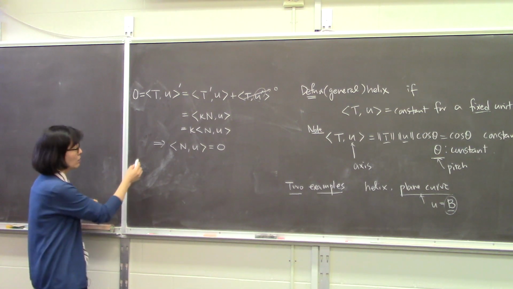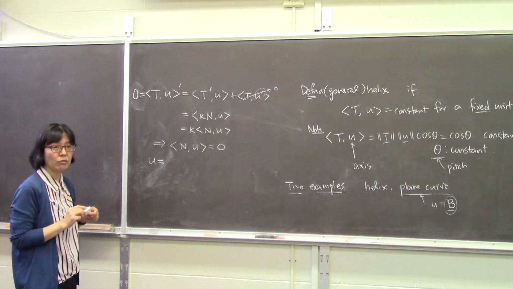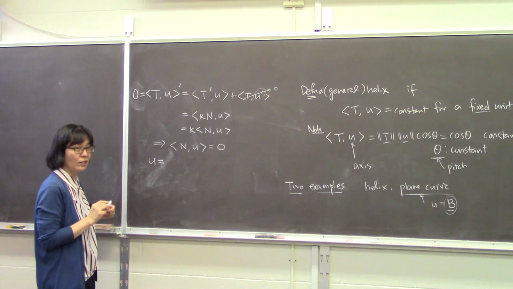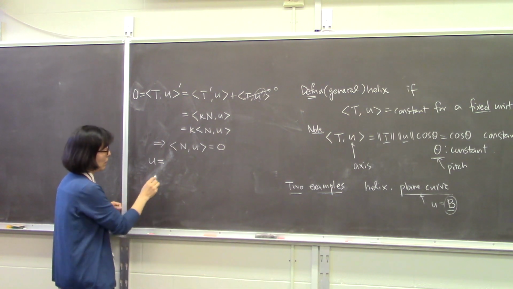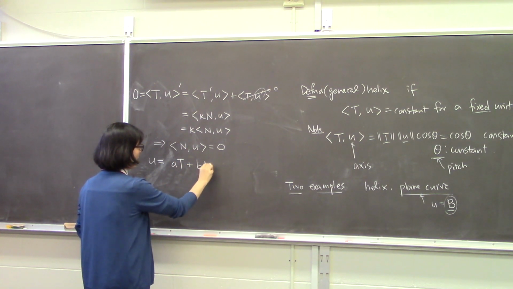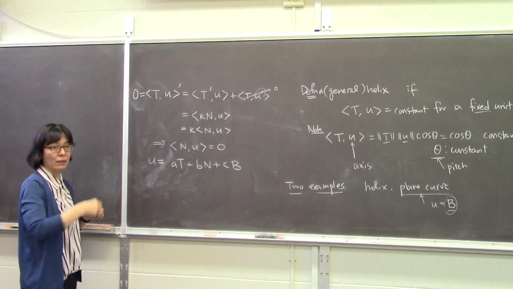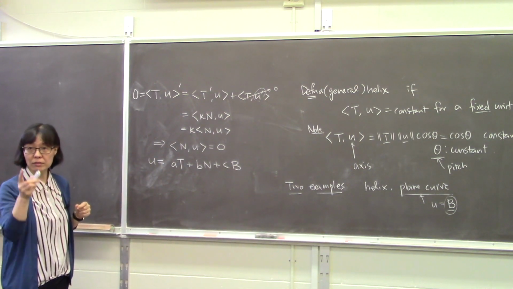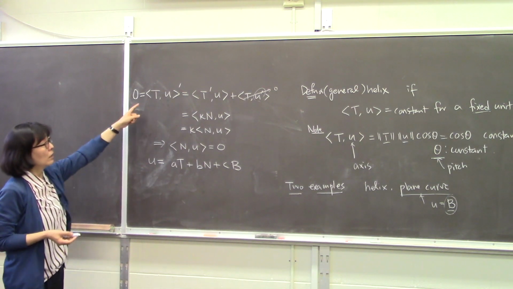Okay. So what do we know? You can write u this way: a T plus b N plus c B, because T, N and B are an orthonormal basis. How do we know that at the very beginning the derivative is equal to 0?